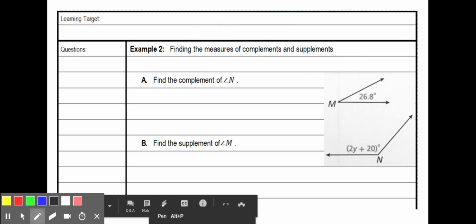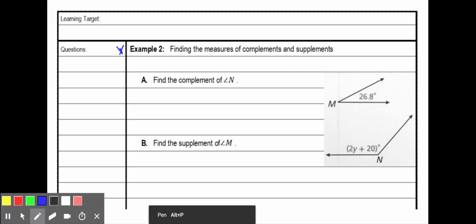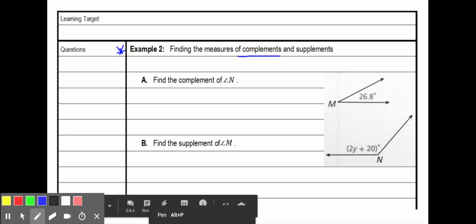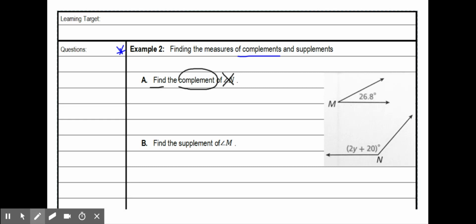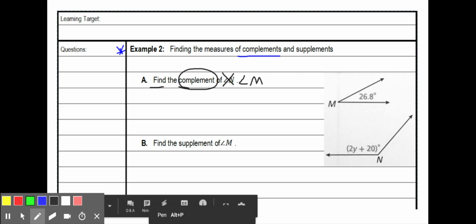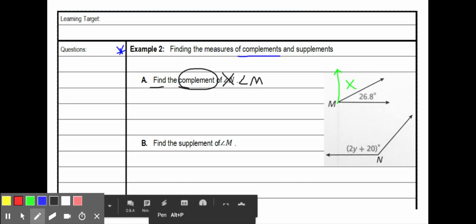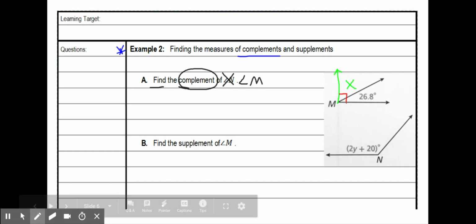Okay. This one is kind of tricky, example 2. Find the measures of complements. So a complement is one of the angles added to be complementary angles. So first thing we have to do is find the complement of angle M. What we're asking is to find the angle that would give us the sum of 90 degrees.